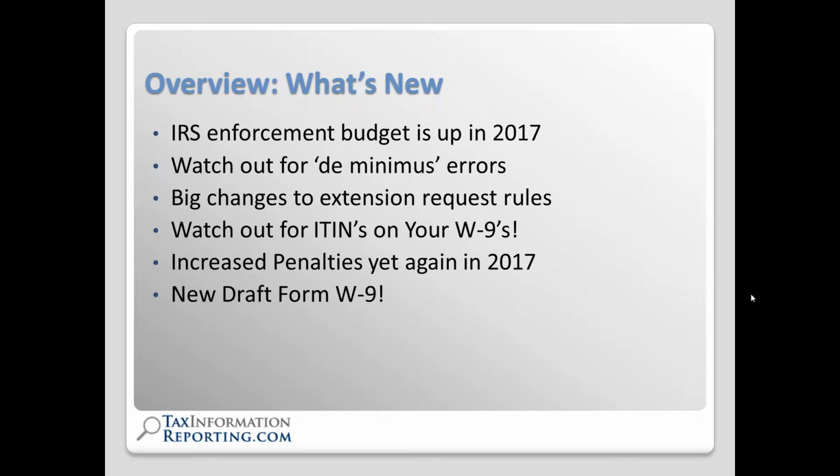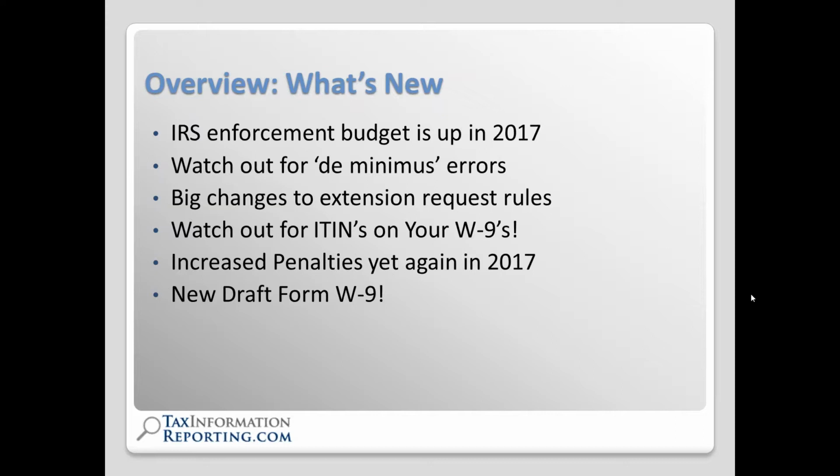Speaking of those other information returns, just as a heads up, hopefully everyone's on the same page. If you do have any 1042, 1042-S reporting to do early next year, please know that in June and July, the IRS updated all the forms W-8: the BEN, the BEN-E, the IMY, the ECI, and the EXP.